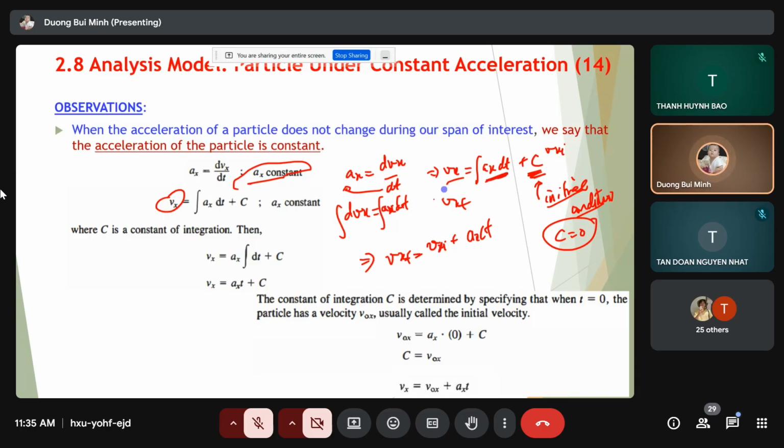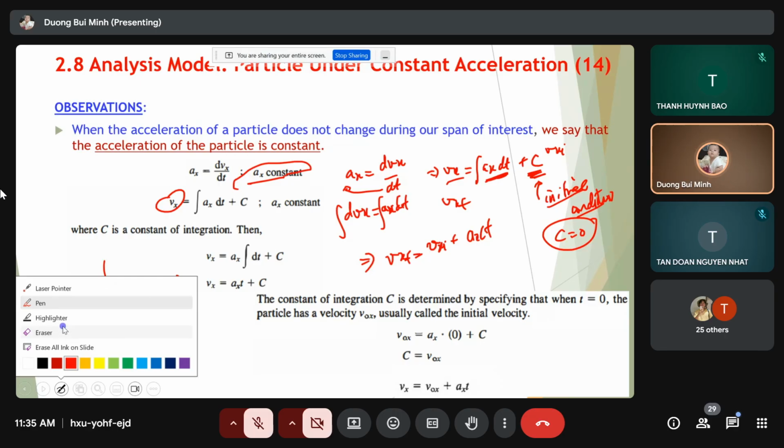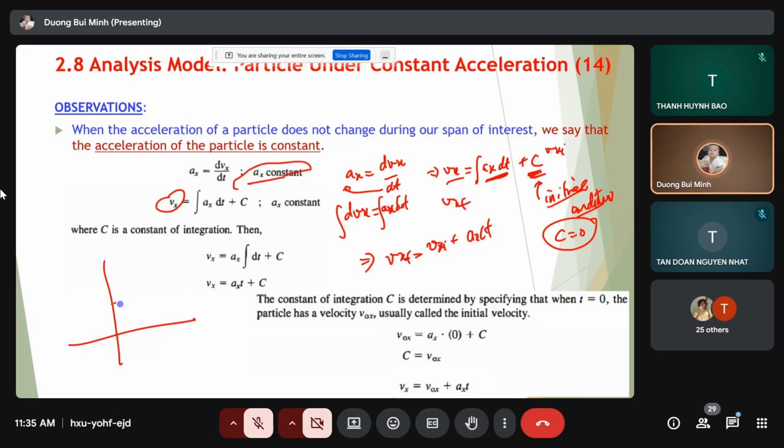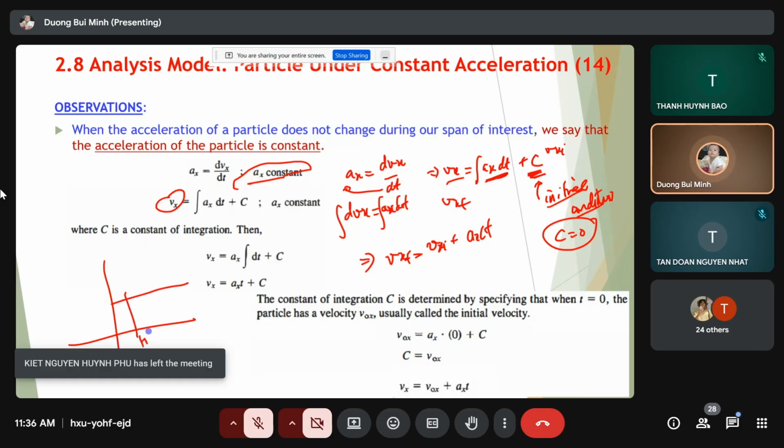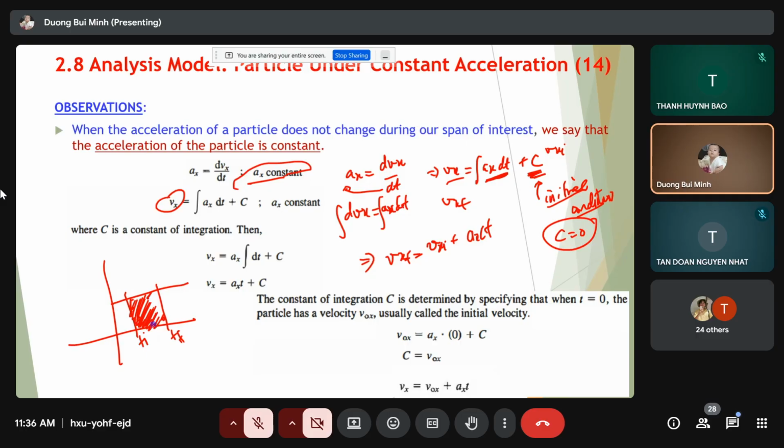Because of this integral, if Ax is like this, when we take the integral from ti to tf, that means the area.